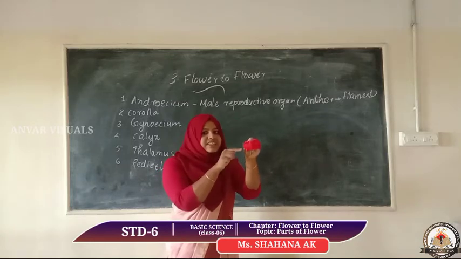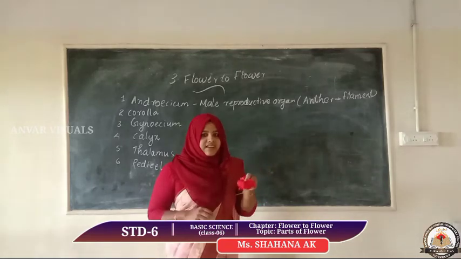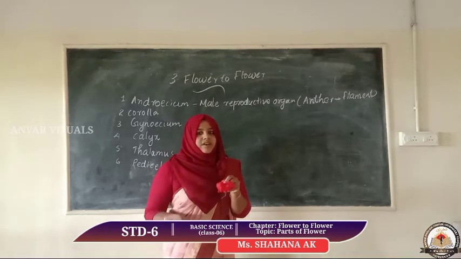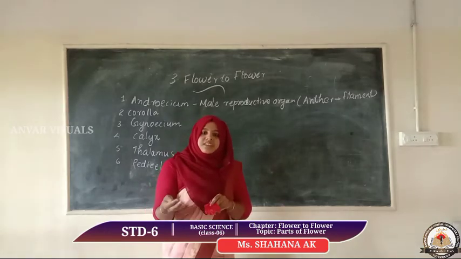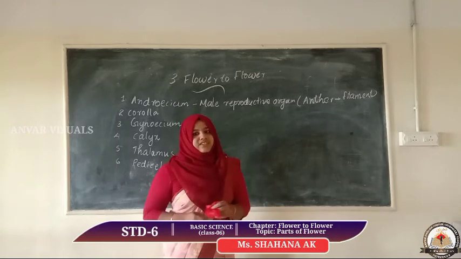In hibiscus it's red in color and in jasmine it's white in color, isn't it? So corolla gives different colors to a flower, and it gives fragrance and attractiveness to the flower.